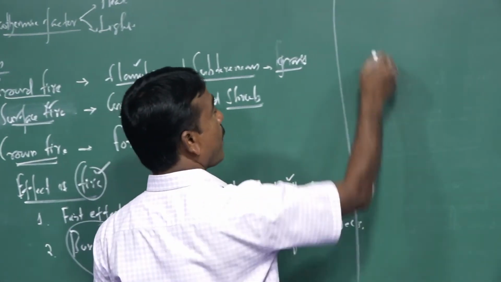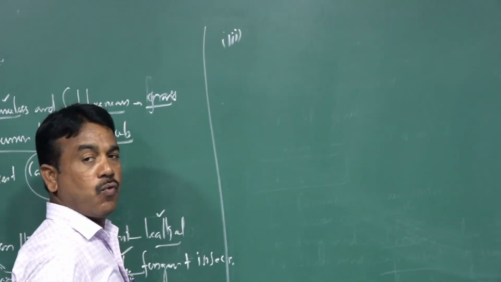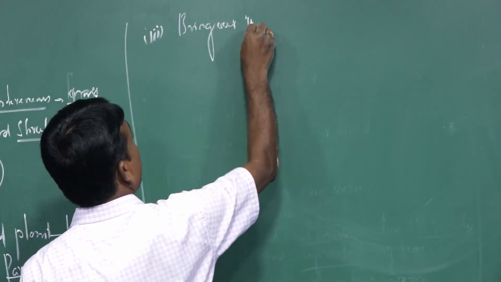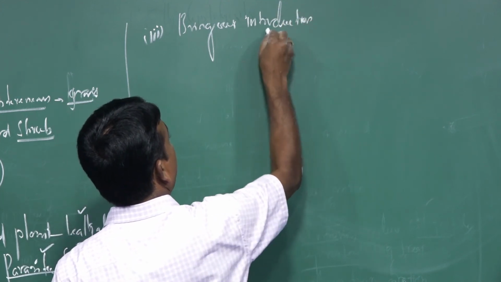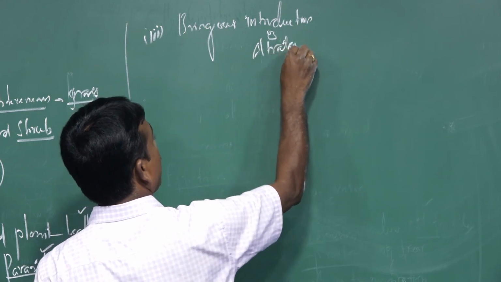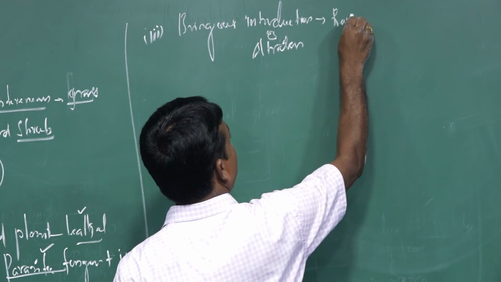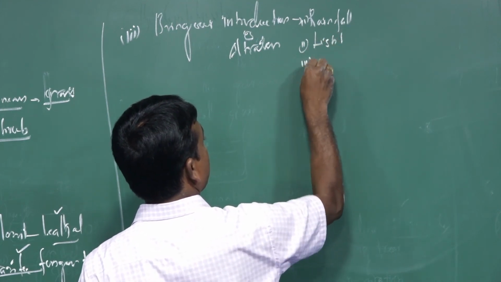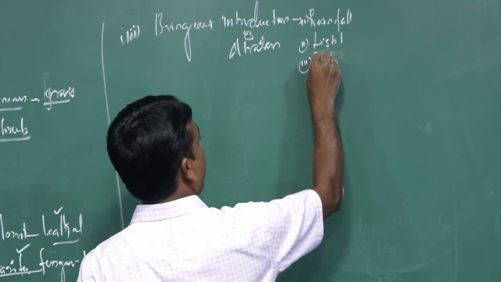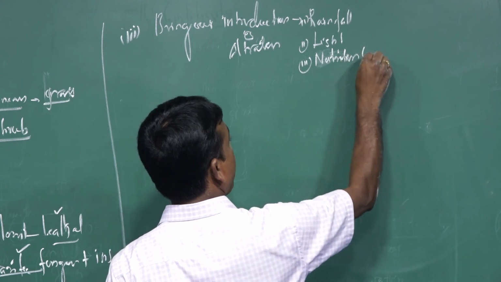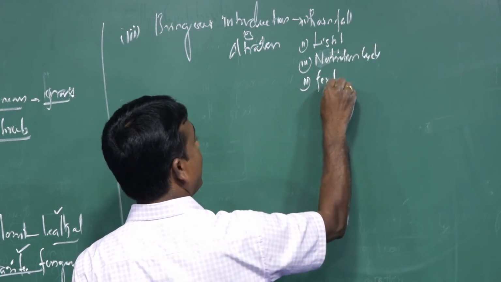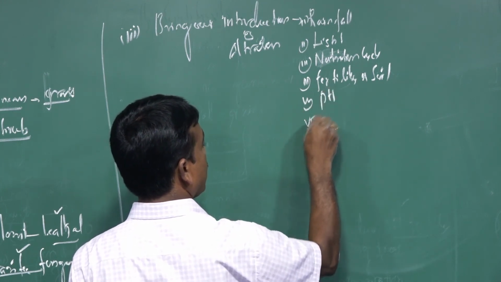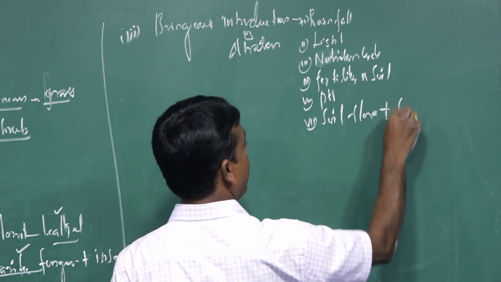The third one is commonly called as fire that brings out alterations of rainfall, light changes, nutrition cycle, fertility of soil, pH, soil, flora and fauna.